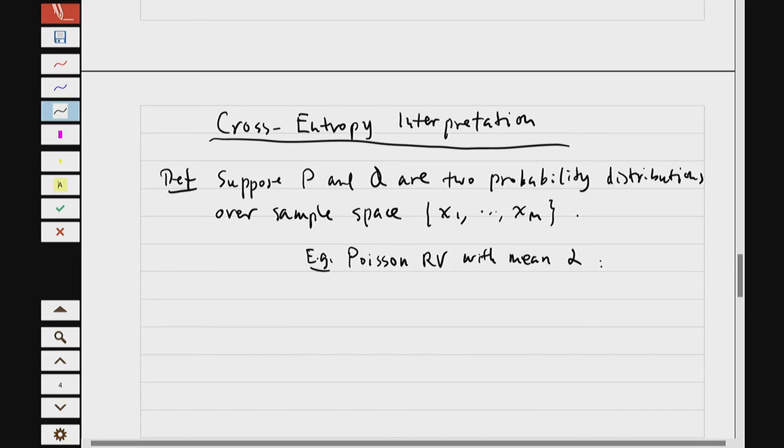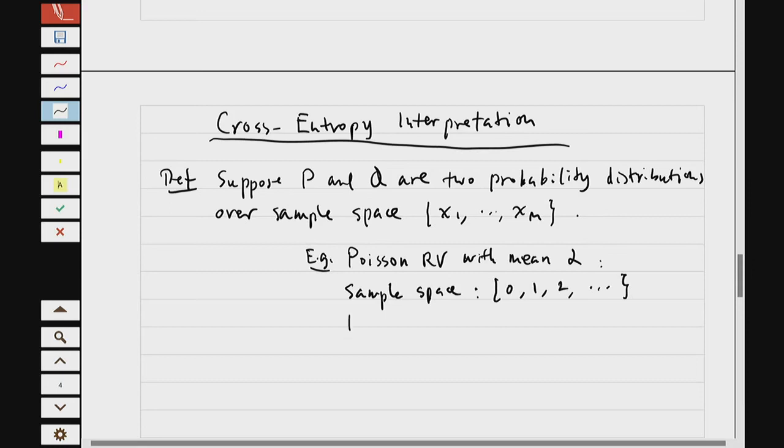Poisson was one of my advisors. Go back how many generations, I don't know, maybe 20 generations. So for the Poisson distribution, the sample space can only be non-negative integers. It's how many dots are inside a space, or how many objects are inside a box. So the sample space is 0, 1, 2, up to infinity.